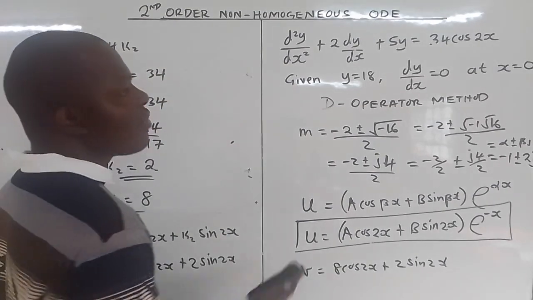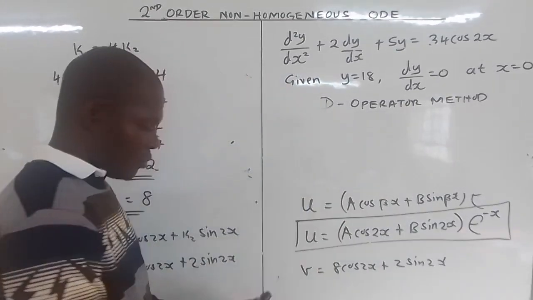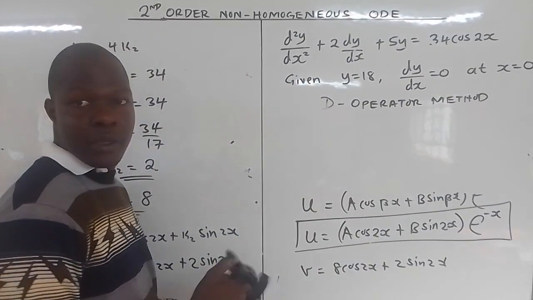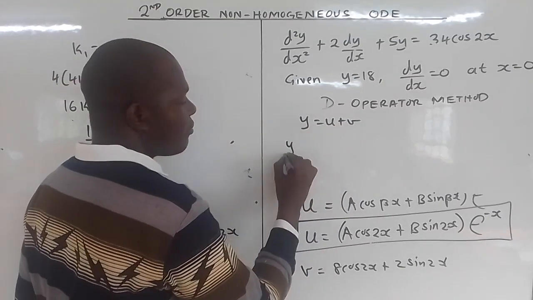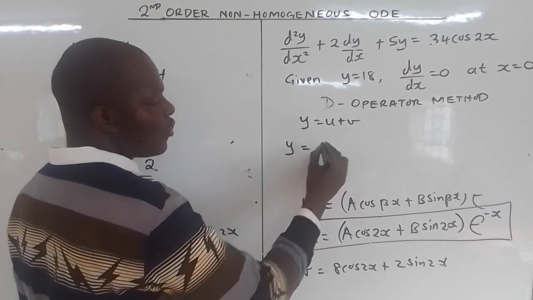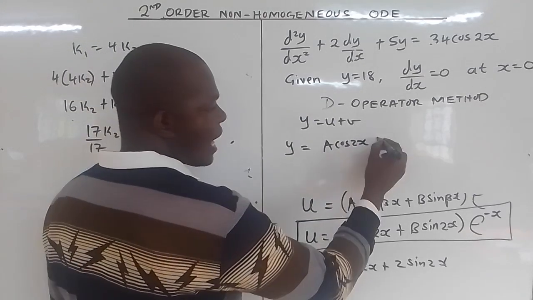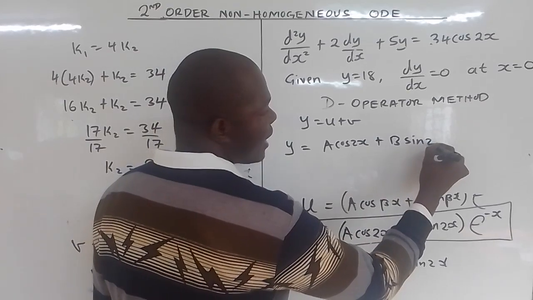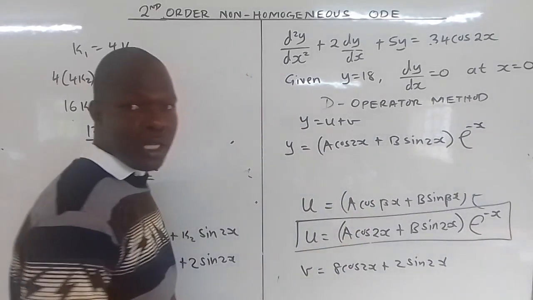Now, having found V, and we've also found U, we can now get the value of y. So give me the value of y. y was U plus V. What was U? U was A cos 2x plus B sine 2x, into exponential negative x.